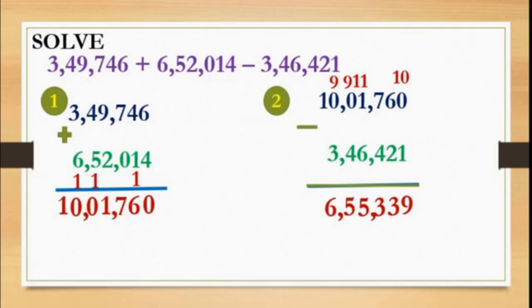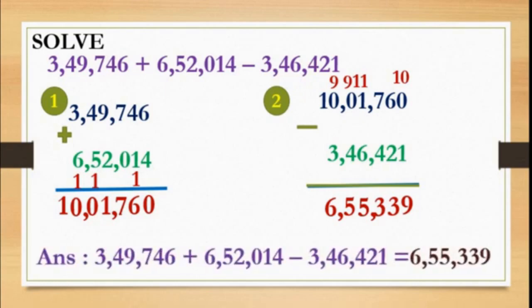Here 1 is not there in the above number because we borrowed. Correct? So the answer for this sum is 6,55,339. Okay? Yes, dear students, you must practice addition and subtraction so that you can easily do the sums with proper speed. Okay, practice is a must.